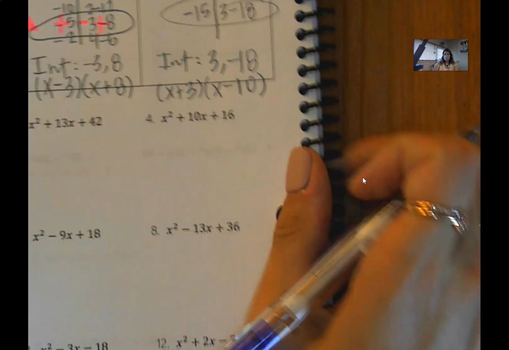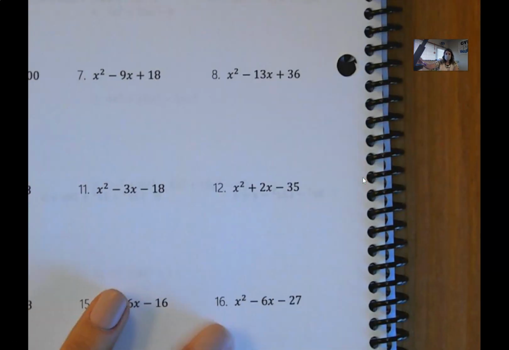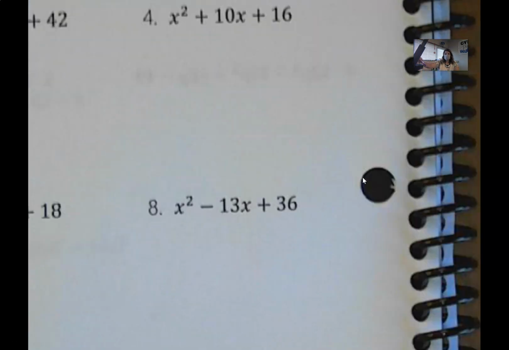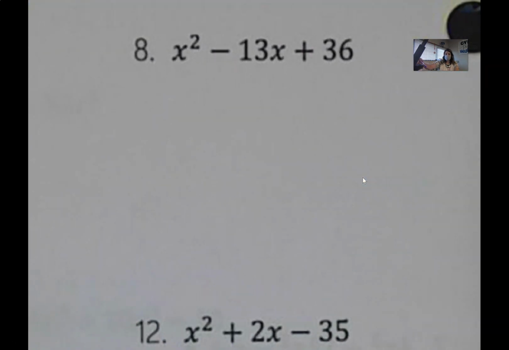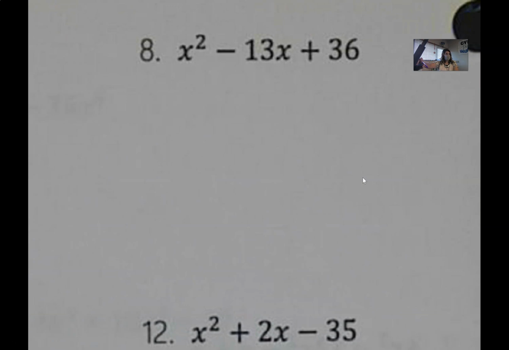The first problem that I want you to do on your own is 8. If you hate my method and you do it your own way, that's fine. You're welcome to do that. But you better be getting them right. I'll do the problem on my paper, and then I'm going to walk around to verify that you guys are doing yours.